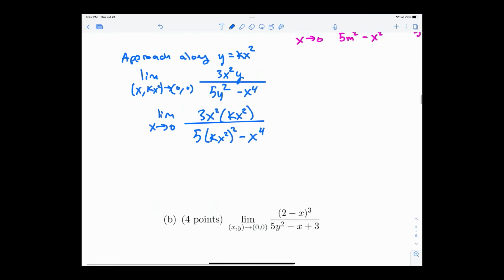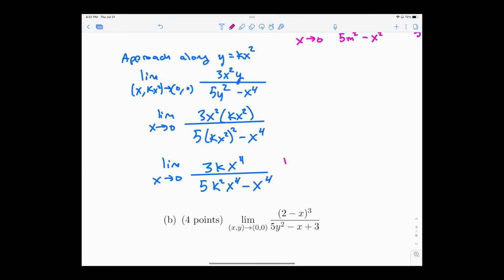Okay. So far, so good. Work these all out. On top, you've got a 3, a k, and an x to the fourth. On bottom, you've got a 5, a k squared, x to the fourth minus x to the fourth. So everything here is over an x to the fourth.